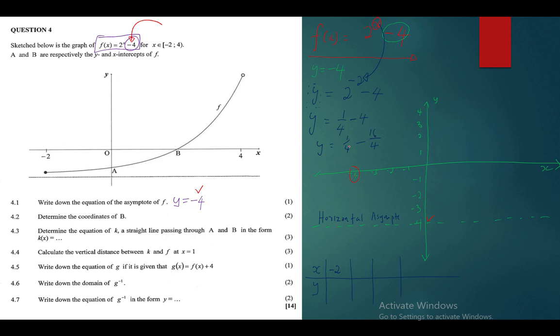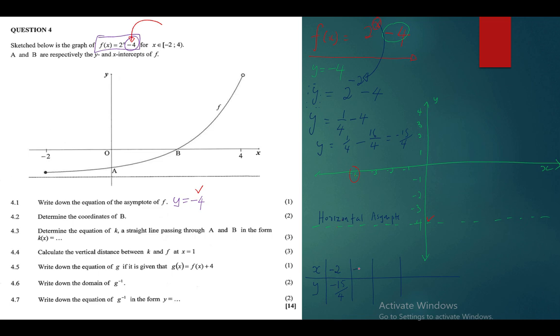So 16 over 4, 4, 8, 12, 16. Yes, it's minus 15 over 4. So when x is negative 2, y is minus 15 over 4. It's good to put it in a decimal form. Unfortunately, I don't have a calculator with me here.